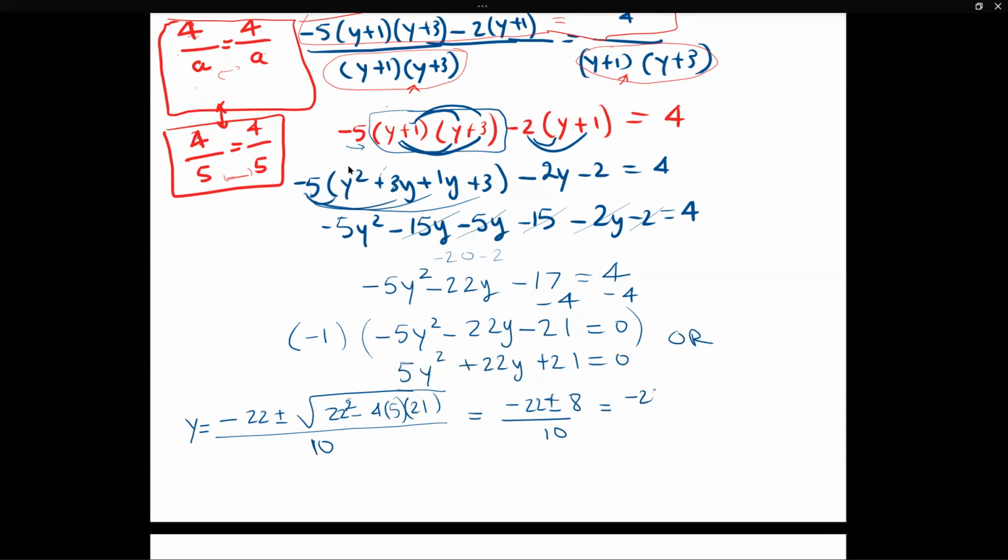So the first one, -22 plus 8 over 10. The second one is -22 minus 8 over 10. All right, so the first one is a negative 14 over 10. And the second one is -30 over 10.